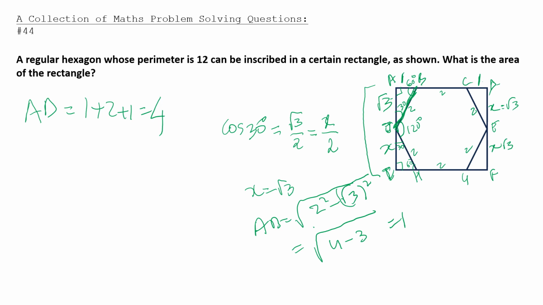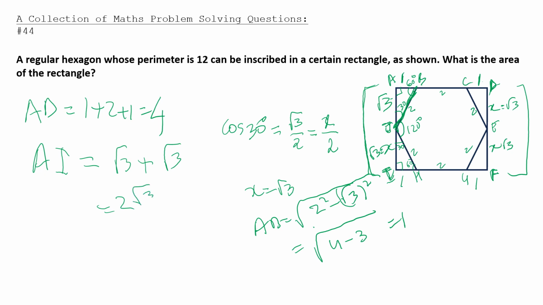So those sides, AI would be root 3 plus root 3, and that would be 2 root 3.